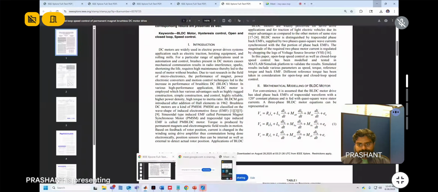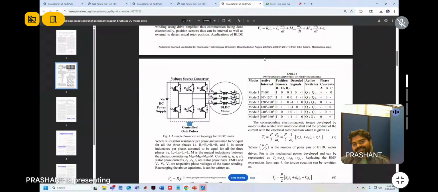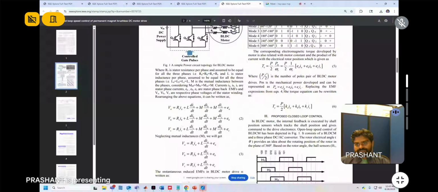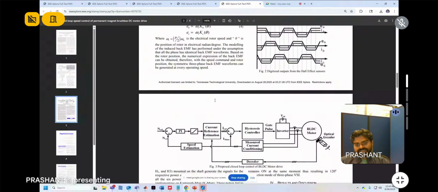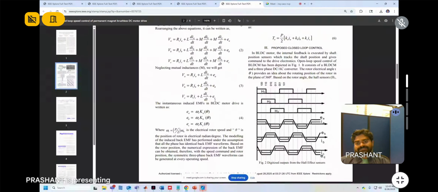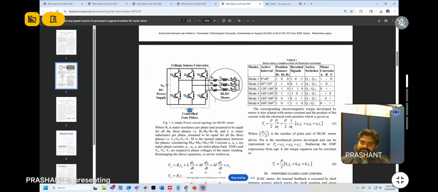So how to model, first I am starting with how we will use the equations. Some equations we have here: voltage, current, phase back EMF relations, and torque. We will have speed, number of poles, power, phase back EMF constants. So many mathematical simplifications are there in the systems we have to deal with.